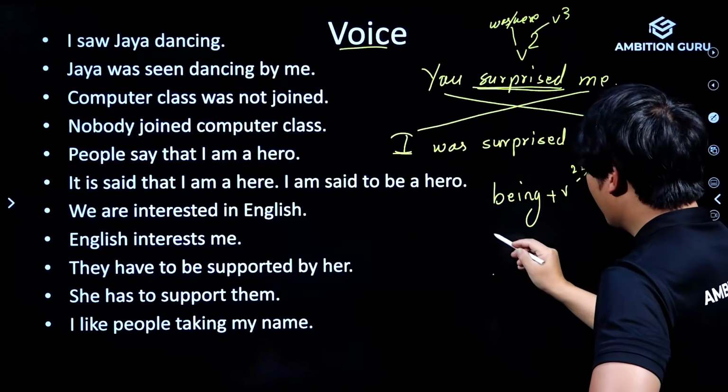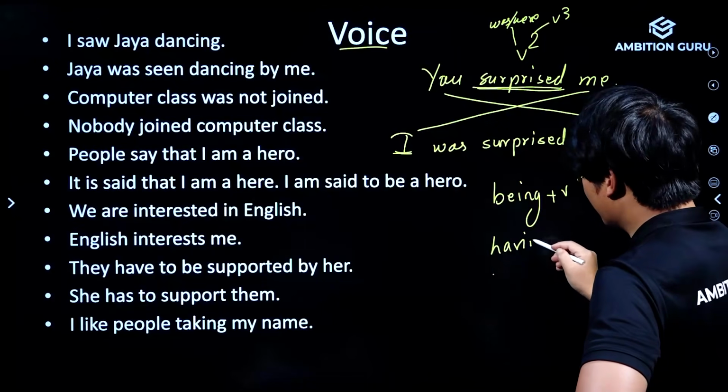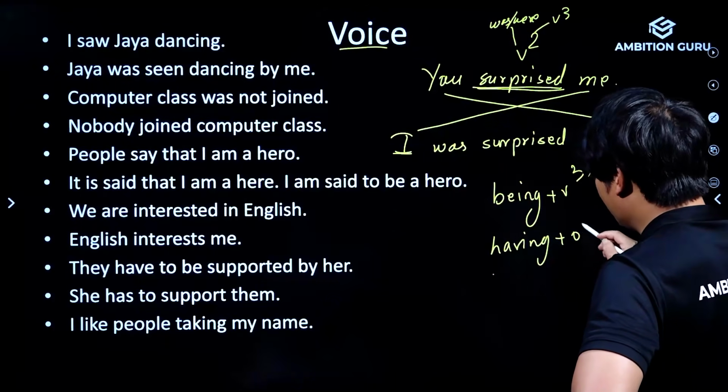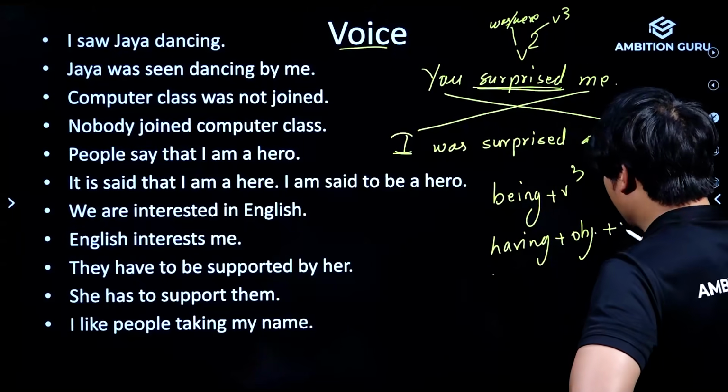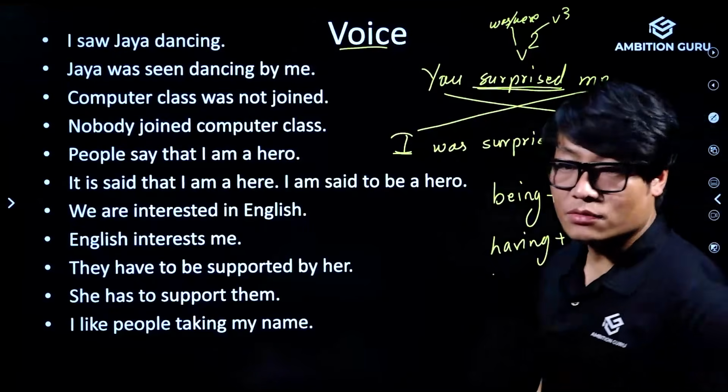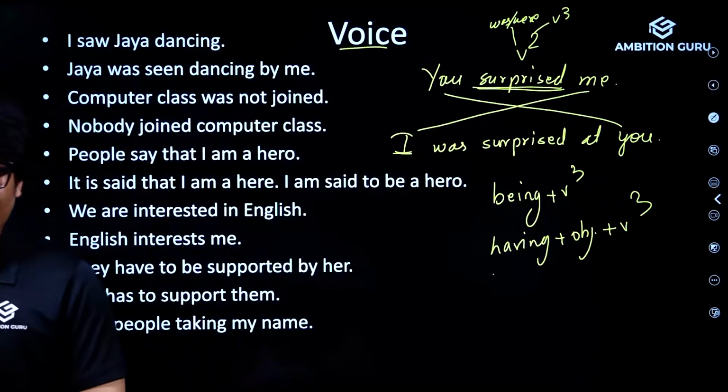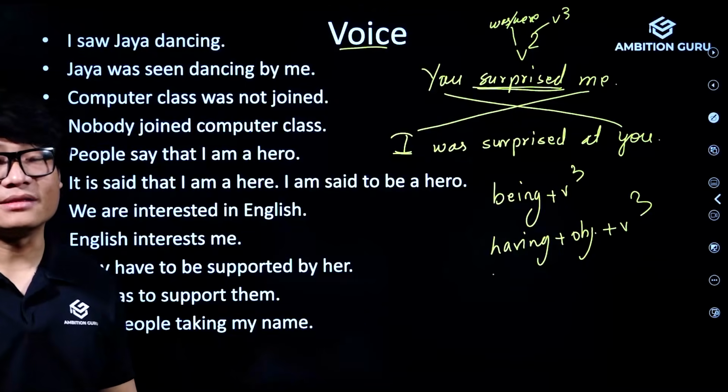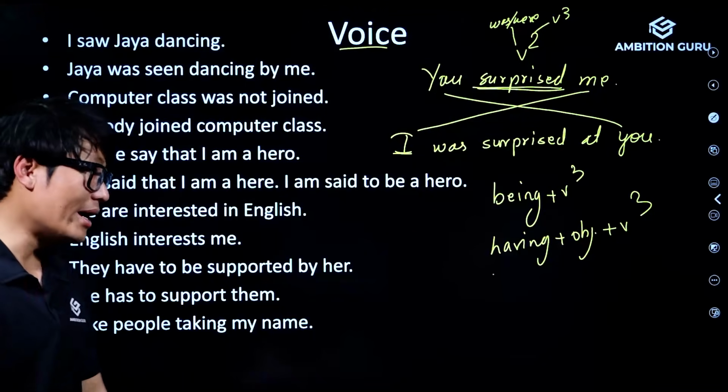Next is having plus object plus verb 3. Let me write it here once again: one is being taken, being plus verb 3. Next is having, after the object comes verb 3. It has two patterns. So I like having my name taken. That's correct.